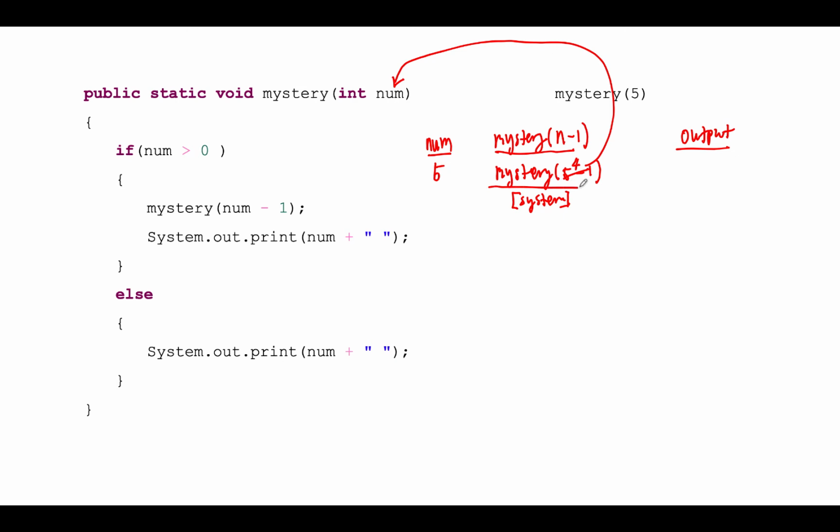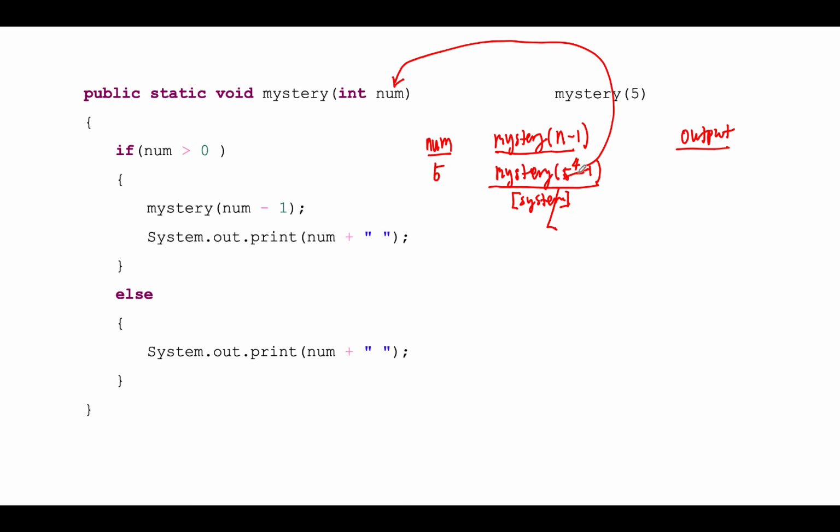Let's trace this. Remember that system statement here, it's on hold. Every time we make a recursive call, there's going to be debt piling up because all those system print statements are just going to be put on hold. And we'll pay the debt later on once we're done with the mystery calls.